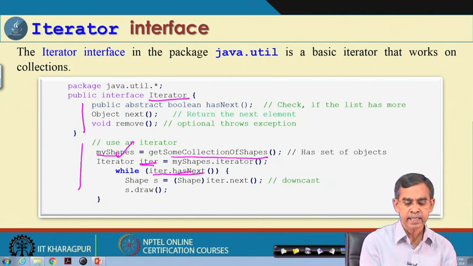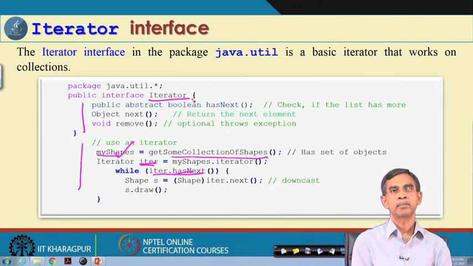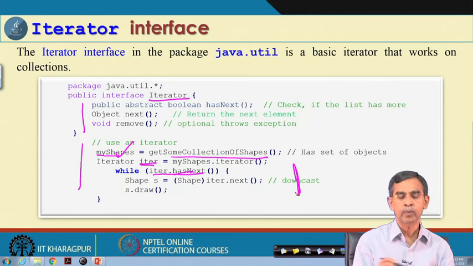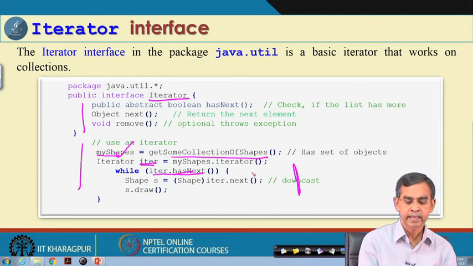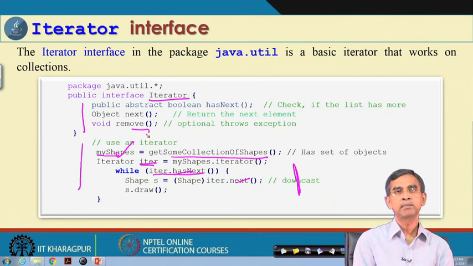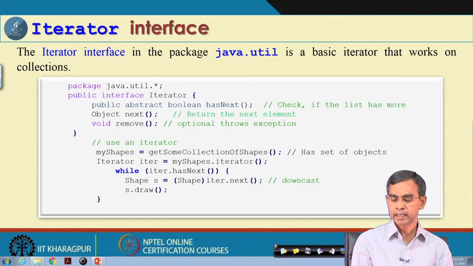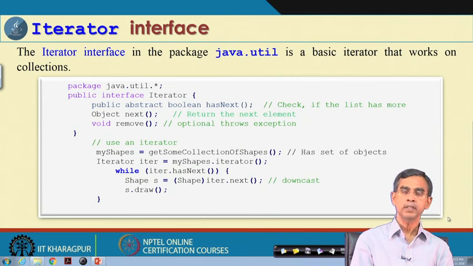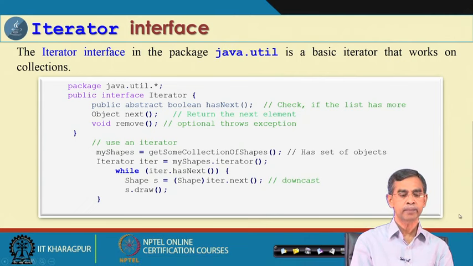So, hasNext is the method in the interface, and this is the implementation of how it will work. Similarly, remove is another method to remove an object from a collection. So, this is one example of the Iterator interface in Java, more specifically in the java.util package.